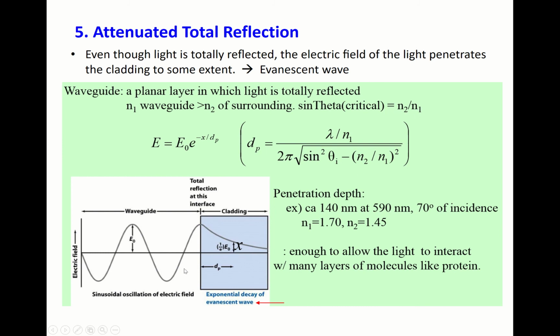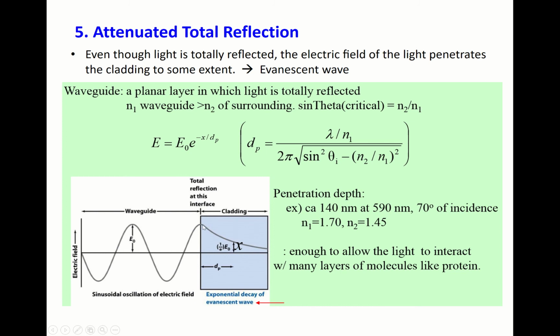And look at this figure. Here, the light is sent to the interface between this medium and this medium. The refractive index of this medium is n1, and this is n2, and n1 is greater than n2.